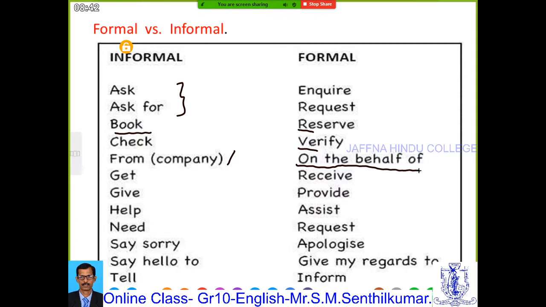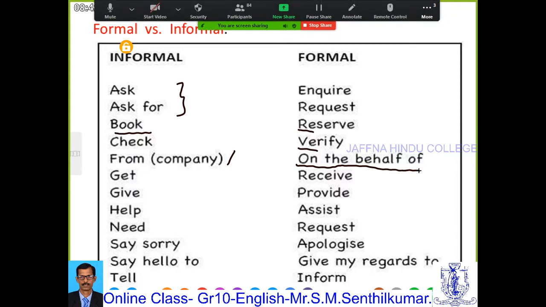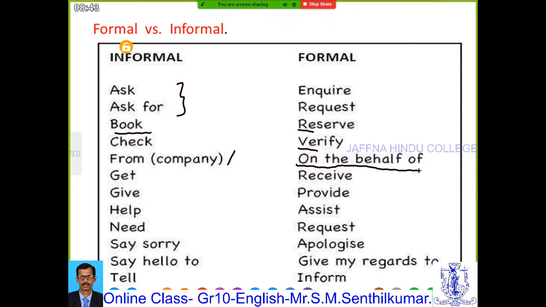Normally we use get. What is the formal word? Receive. The formal vocabulary is I received; I get is wrong. Give, we never use it in formal language. In formal language we use provide.